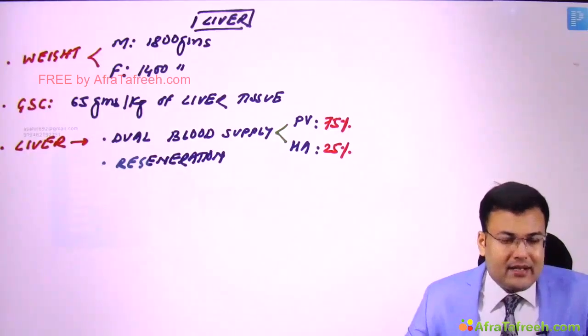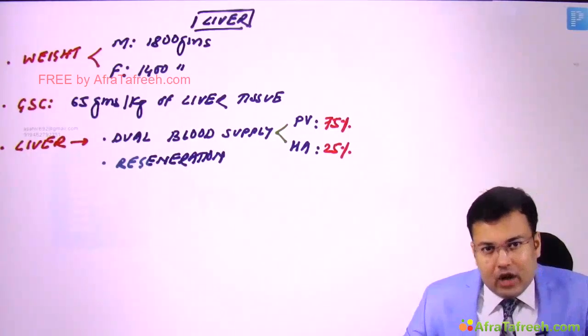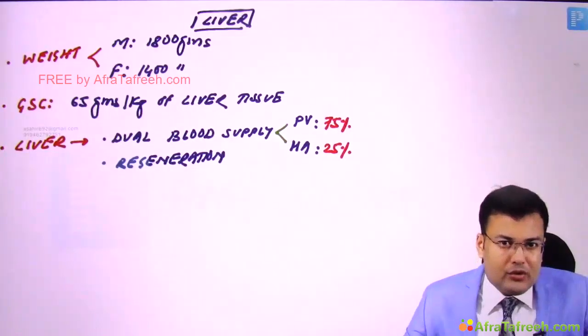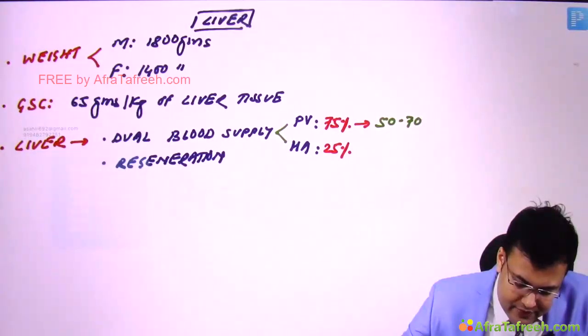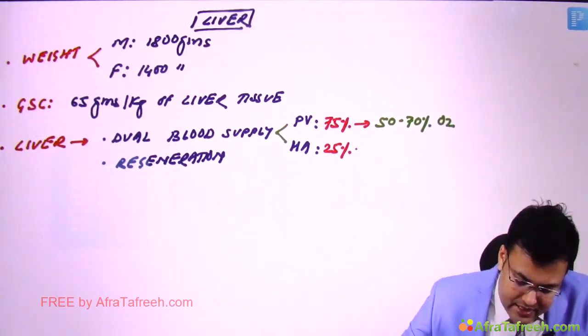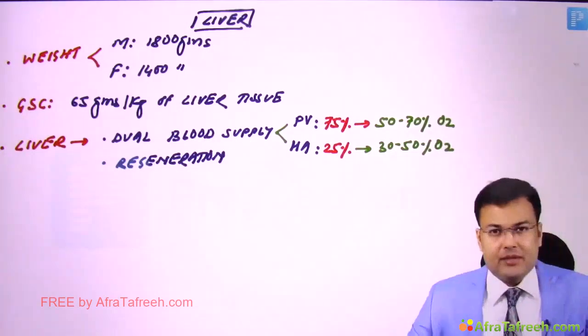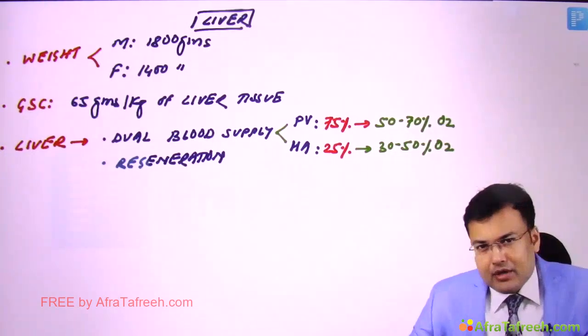But hepatic artery, since it contains oxygenated blood, is going to supply 30 to 50% of oxygen. So how much oxygen supply from portal vein? 50 to 70%. And from hepatic artery? 30 to 50%.